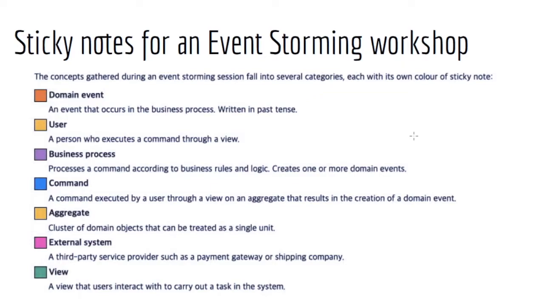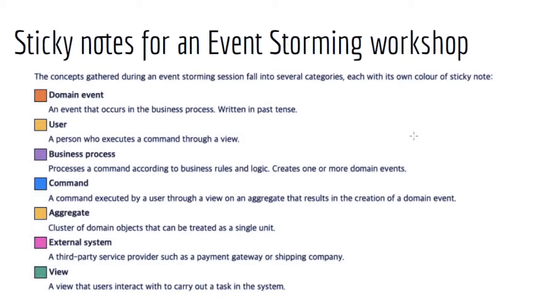And let's think about types of sticky notes. As you can see, there are seven sticky notes which have different colors. So the orange color sticky note is about an event. In this case, you can derive or present an event of a domain with this orange sticky note.